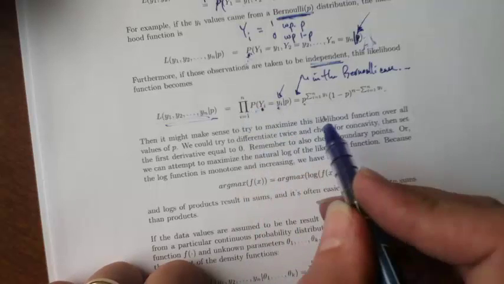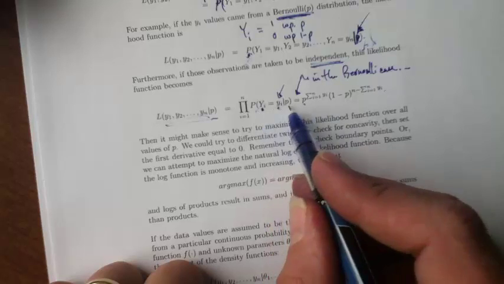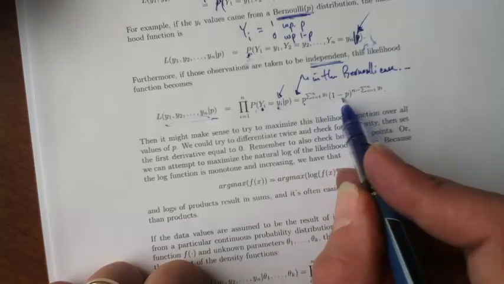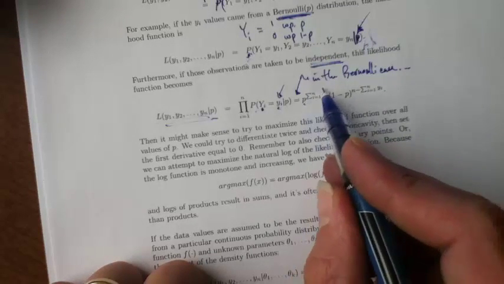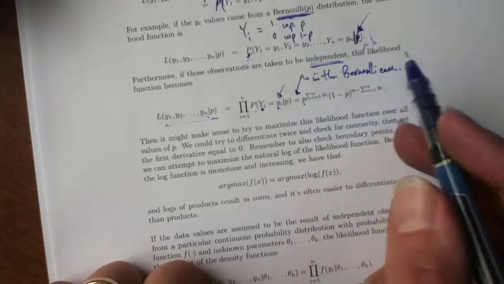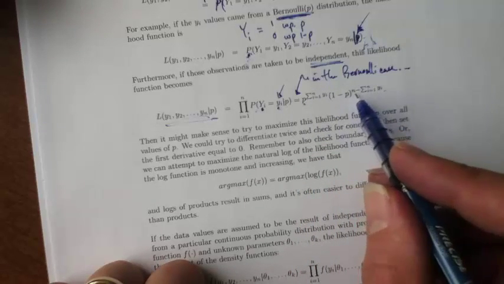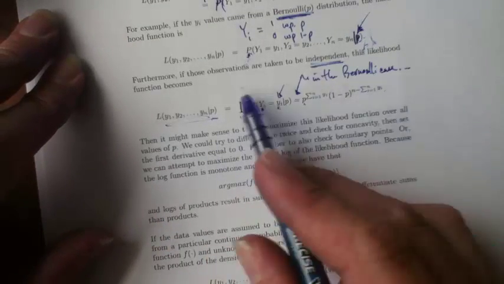So it should be p multiplied by itself however many times we see ones, and 1 minus p multiplied by however many times you see zeros. So it's just p raised to the sum of the ones and zeros, which is the number of ones, and 1 minus p raised to the rest of it. This is the likelihood function for the Bernoulli case.